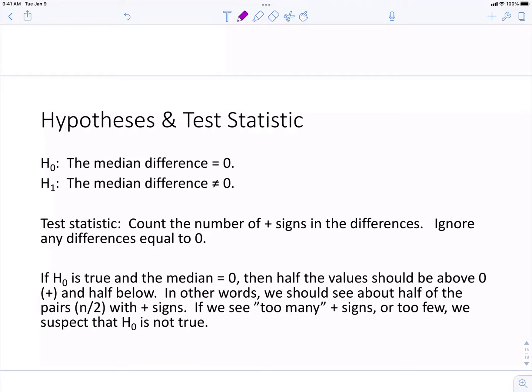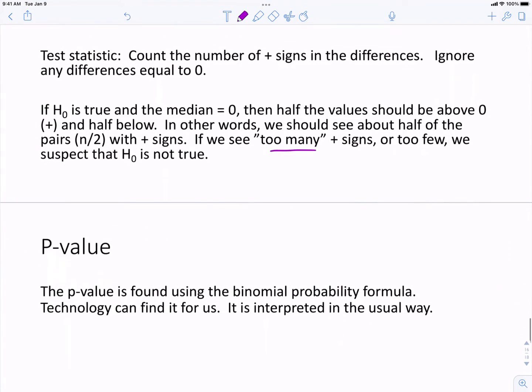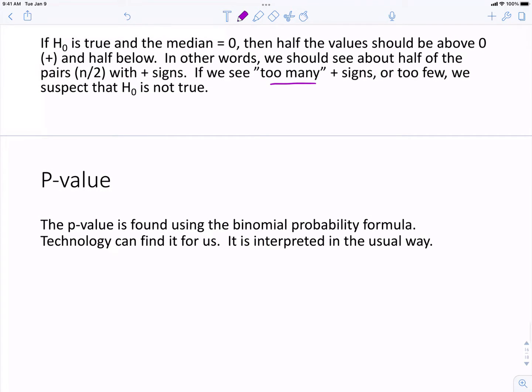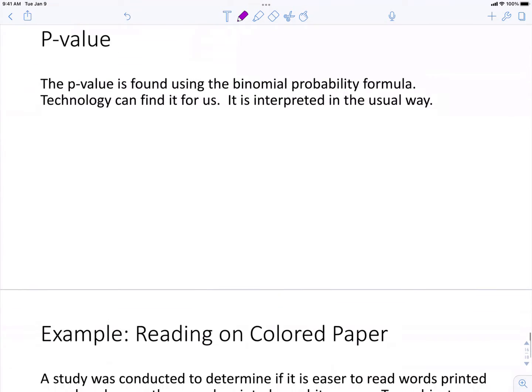If we see too many positive signs or too few, then we suspect that the null hypothesis isn't true. So a question becomes, well, what's too many and what's too few? Again, that's going to be determined by our p-value. The p-value in this sign test is found using the binomial probability formula, and technology can find it for us, but it's interpreted in the usual way.